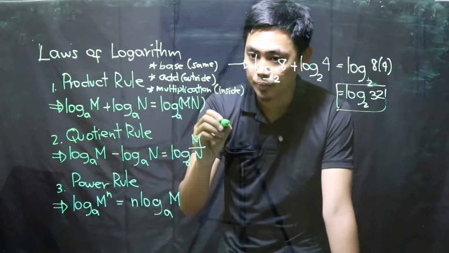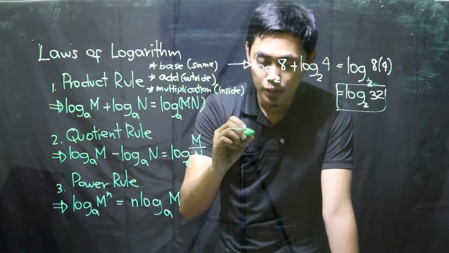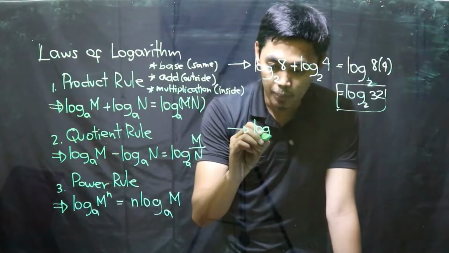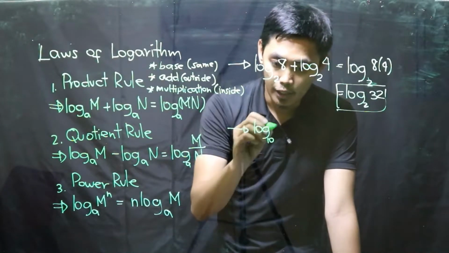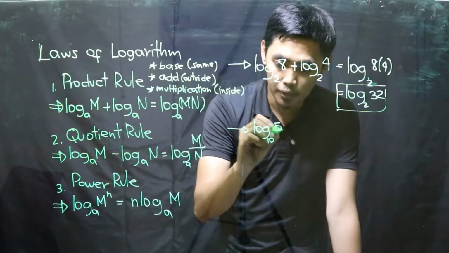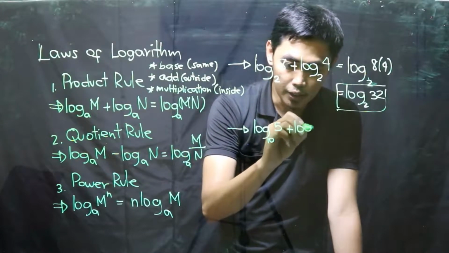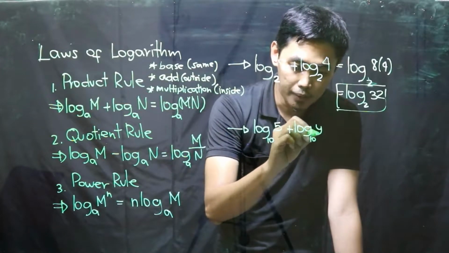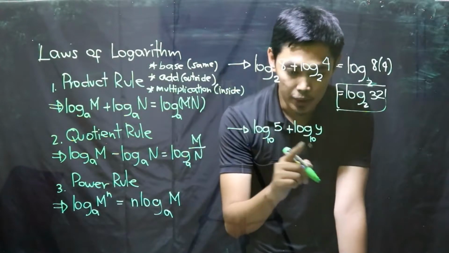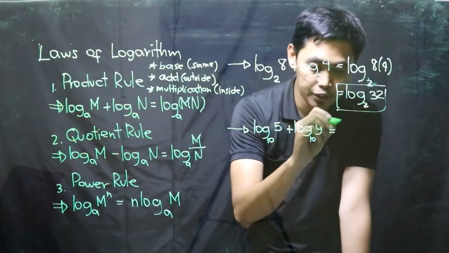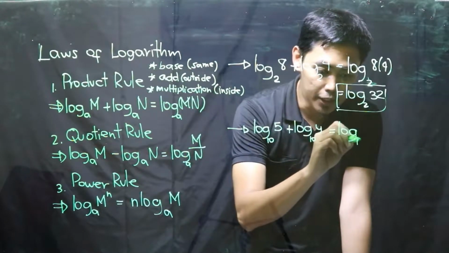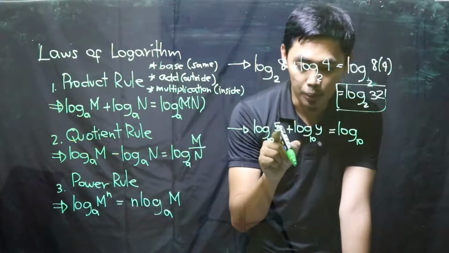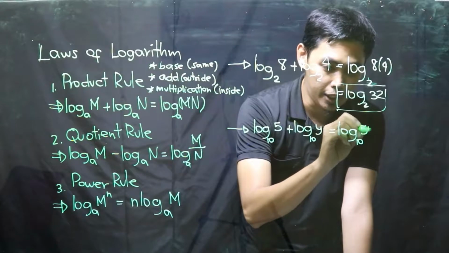Let's have another example. Logarithm of base 10 of 5 plus logarithm of base 10 of y. So what is our answer? Our answer is logarithm of base 10, same base, then you just need to multiply 5 and y. So 5 times y is 5y.